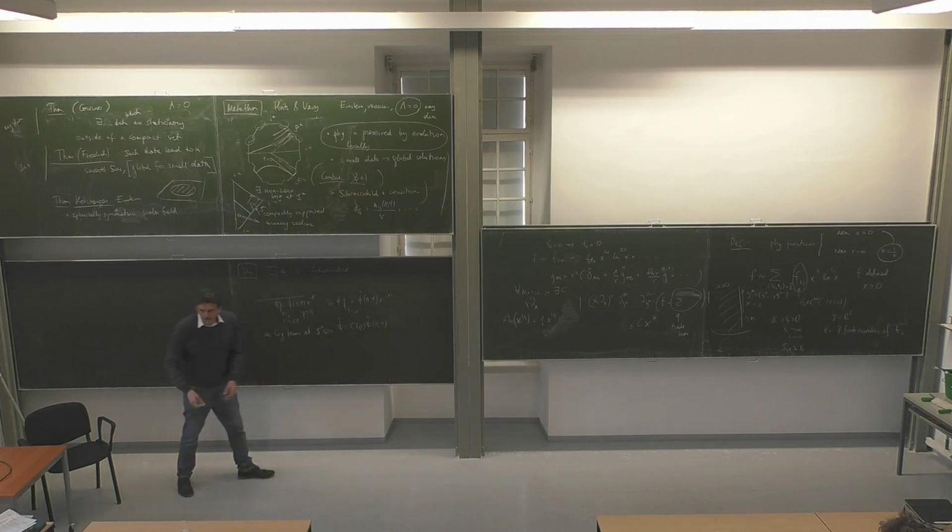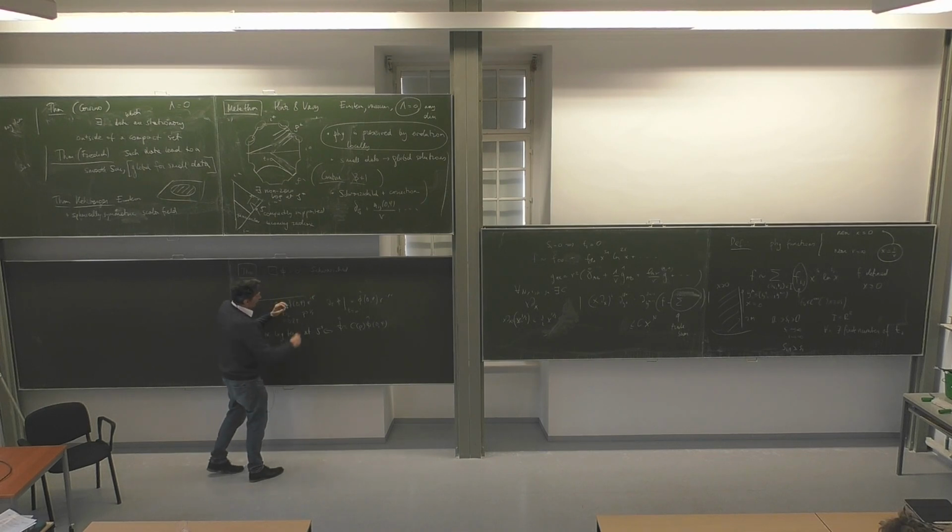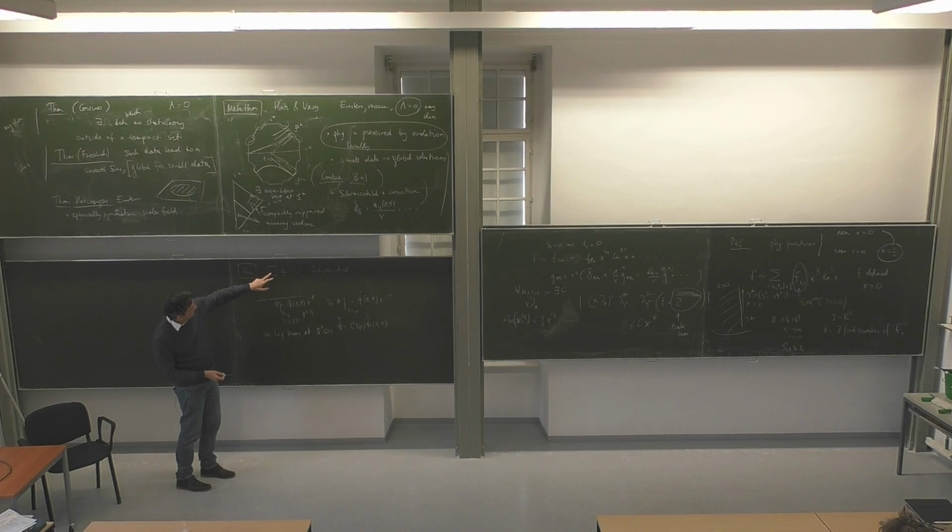Okay. So if you fine-tune, well, in the interior it doesn't matter because of domain of dependence. So if you fine-tune your data for this wave equation, then you will have no log terms. If they're not fine-tuned, you will.